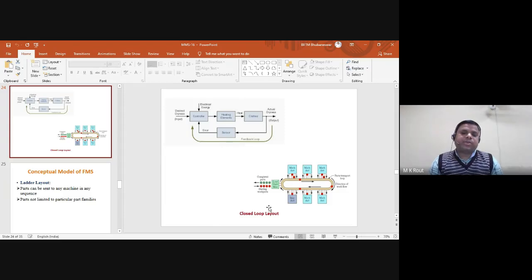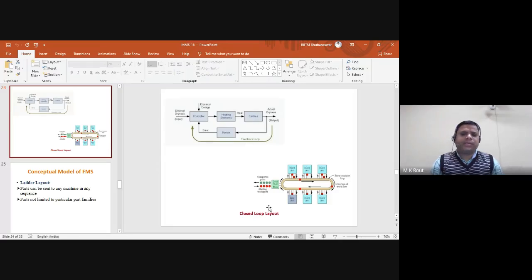From the inspection machine to the output level, if you find any difficulty, this automated guided vehicle or conveyor in the form of a loop provides the feedback loop to the initial point.